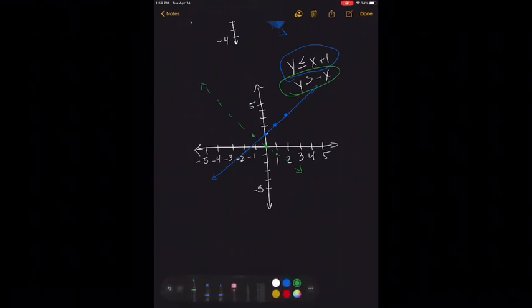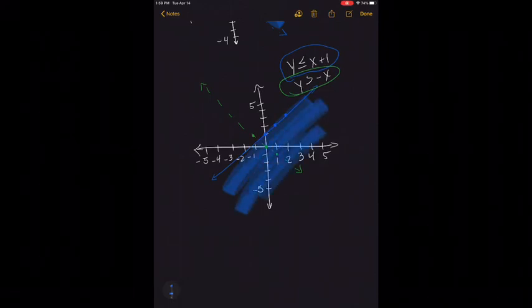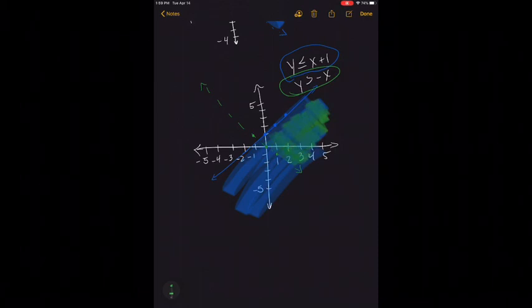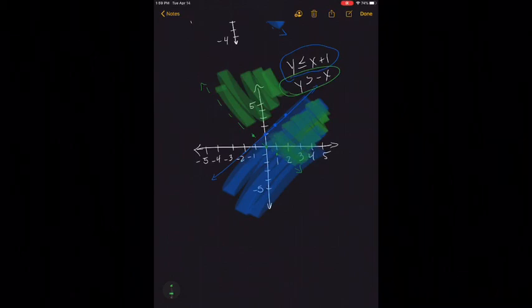Okay, so for our first equation, it's y is less than, so that represents this area. And for our other equation, y is greater than negative x. So, I mean, we could even shade up here. All of that would be shaded green.